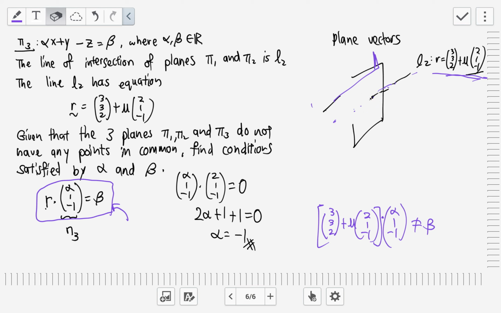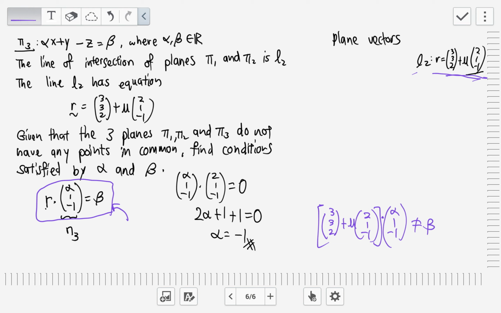To recall, there are two conditions that must be satisfied so that the three planes do not have any points in common. One is that the third plane's normal dot the direction vector of the line of intersection of the first two planes must equal 0. Another is that the line of intersection of the first two planes, when substituted into the third plane equation, must not satisfy that equation.